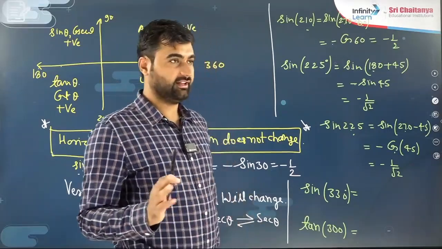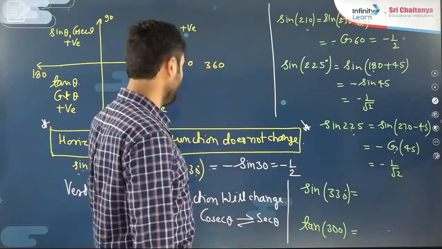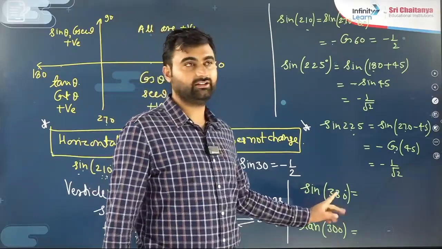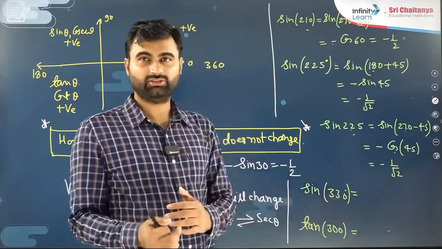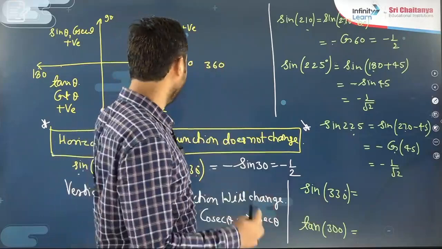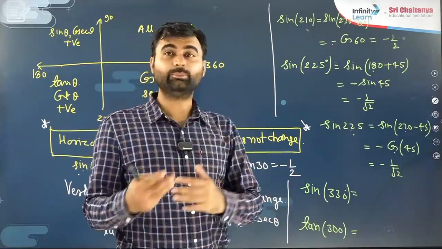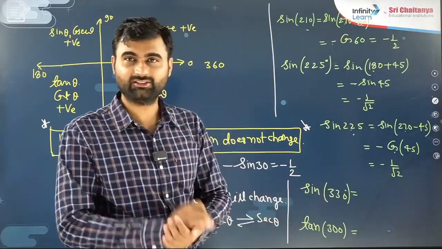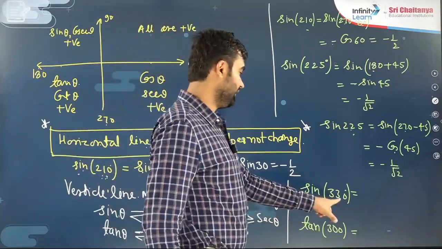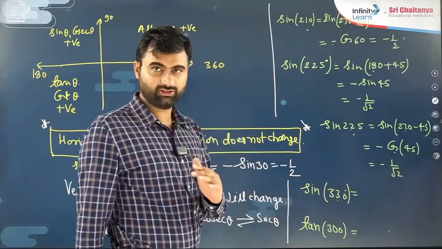By using any line, vertical or horizontal, you can write this 330. You can ask, sir, which line we have to use, which is simple. Actually the horizontal line is simple because here we do not have to change the function. So we can write 330 by using the horizontal line.